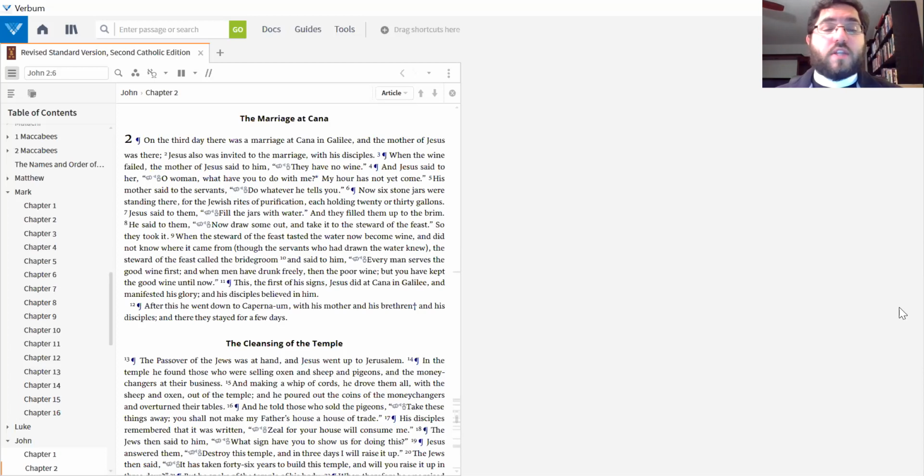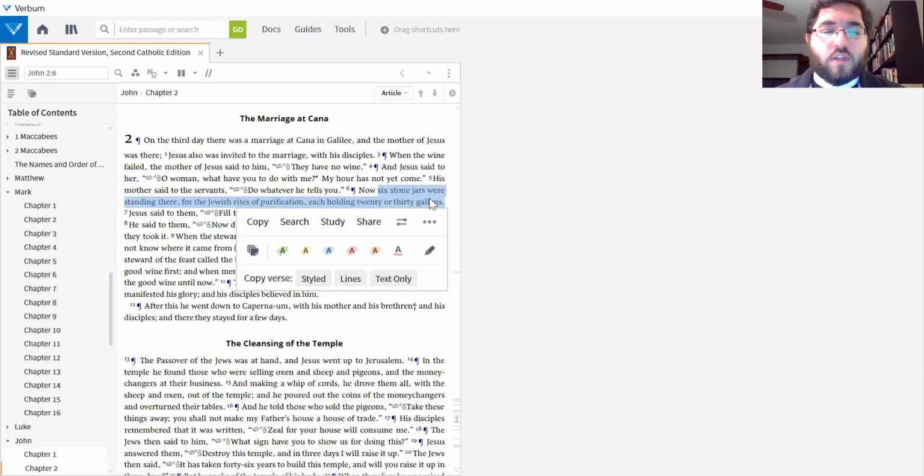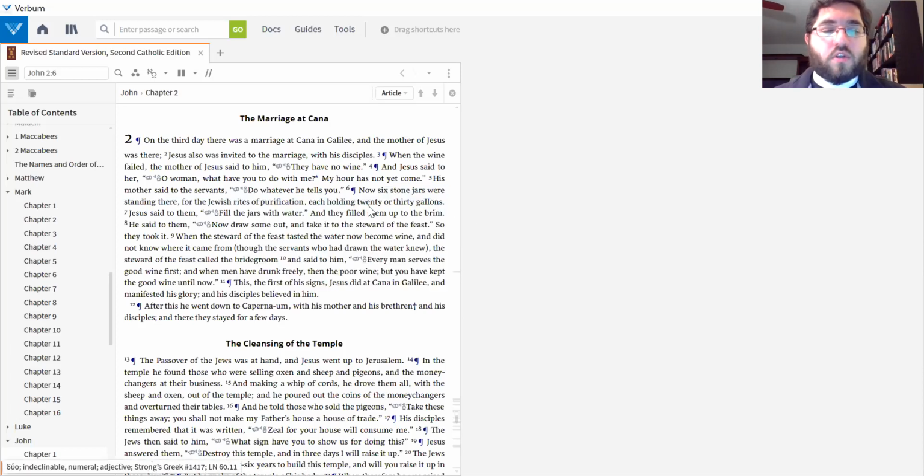John writes and tells us there are 6 stone jars standing there for the Jewish rites of purification, each holding 20 or 30 gallons. So these are immense containers. As we talked about perhaps a little bit, the Jewish laws, part of it, are very purification minded.